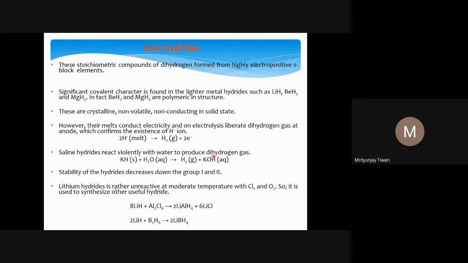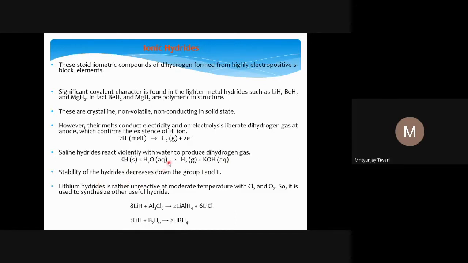Or if this is NaOH, then this should be NaH. So, for example, KH plus water or NaH plus water will violently react and produce hydrogen gas plus a base or alkali, that we know.